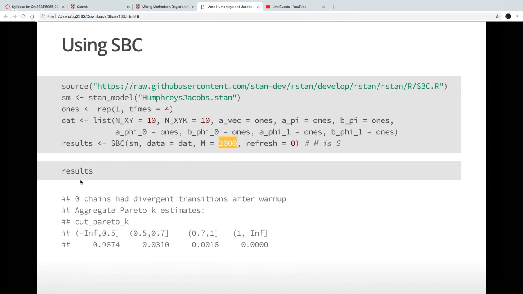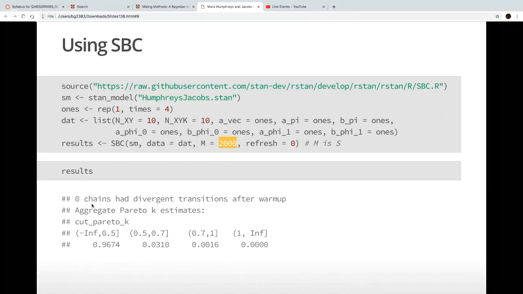And you get back a collection of results telling you some stuff about how well this all went. So, good news: no chains had any divergent transitions after warm-up with just the default settings. One of the things you might find when you do this is divergent transitions, in which case you might have to bump up adapt_delta to 0.9, 0.95, 0.99, whatever it is, to eliminate all those divergent transitions, hopefully.